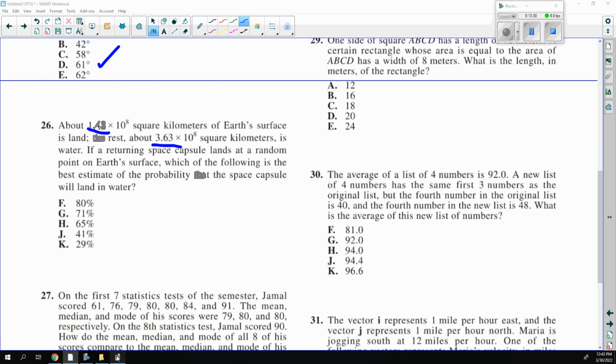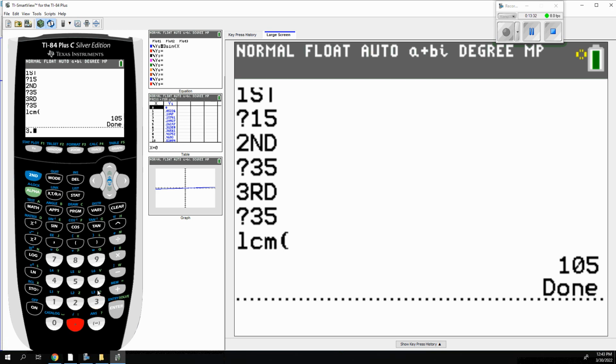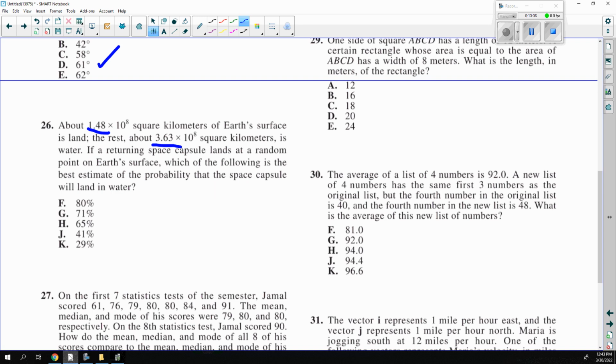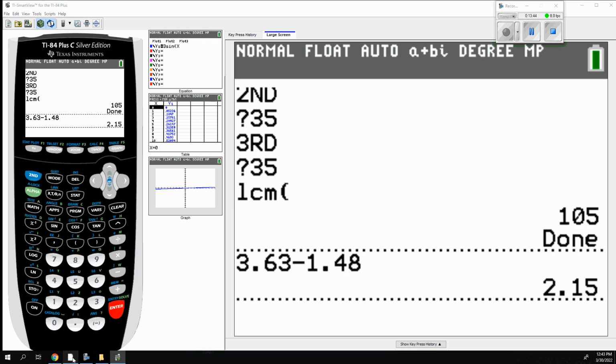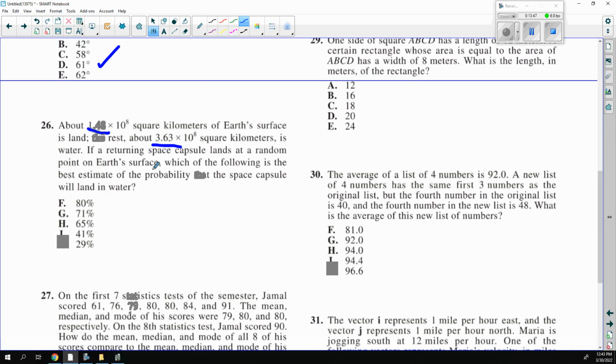So you go 3.63 minus 1.48. The units agreed, so it would be 2.15 times, I'm sorry, I messed up. You add them for the total, right?